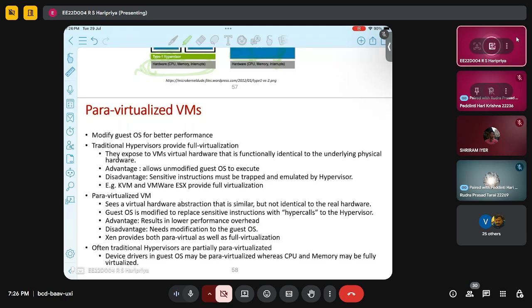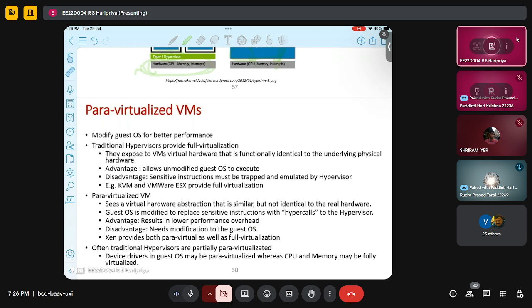So virtualization like kernel level virtual machine or VMware ESX that we have seen. Instead of providing full virtualization, the paravirtualized VM sees a virtual hardware abstraction that is similar to this but not actually the real hardware.